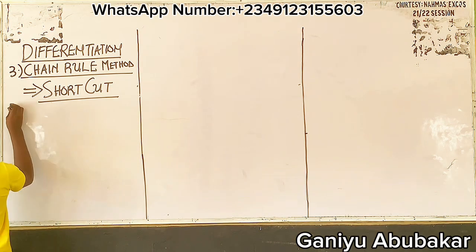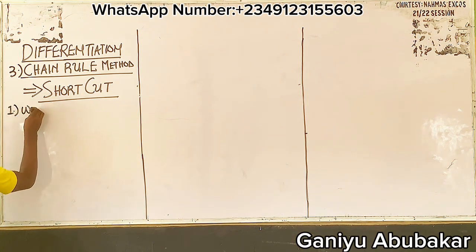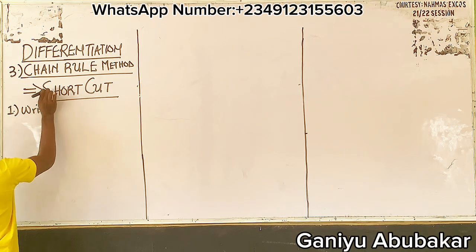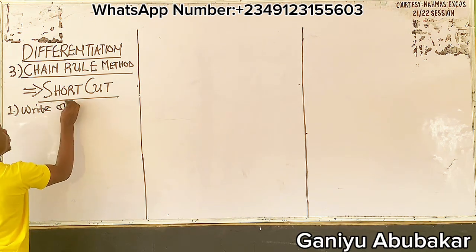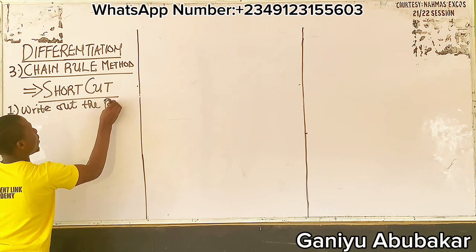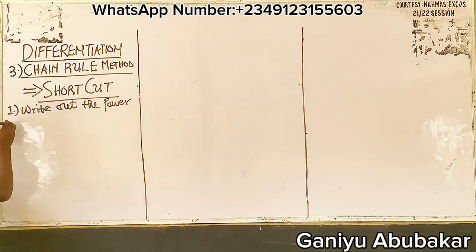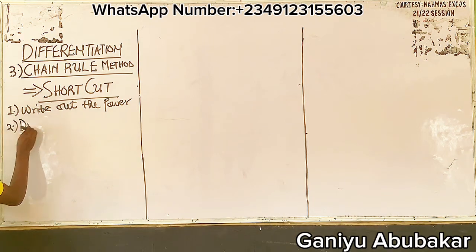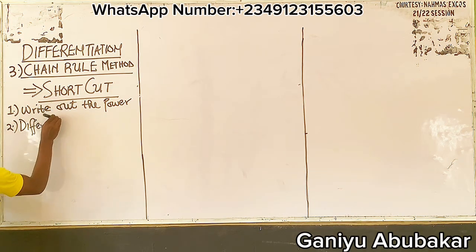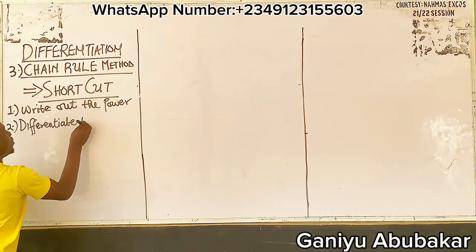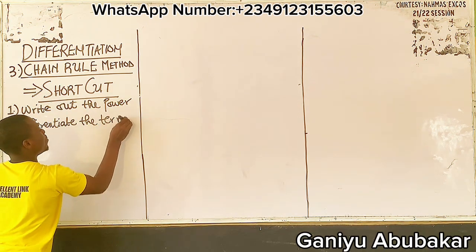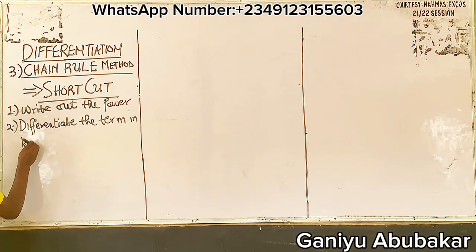The first step is to write out the path. Your first step, write out the path. Step 2, differentiate the term in bracket. Step 3, repeat the question, or perhaps the function.